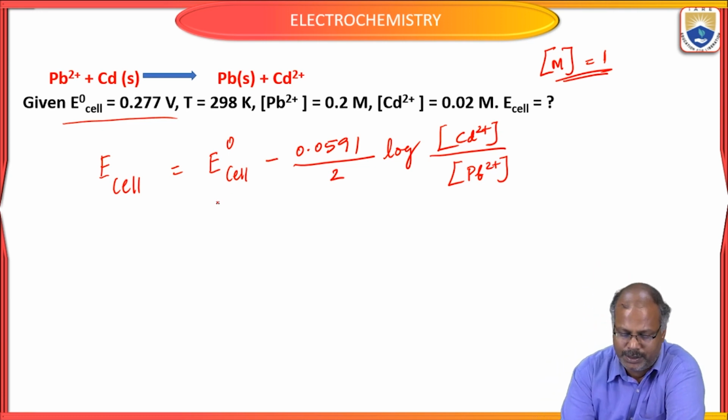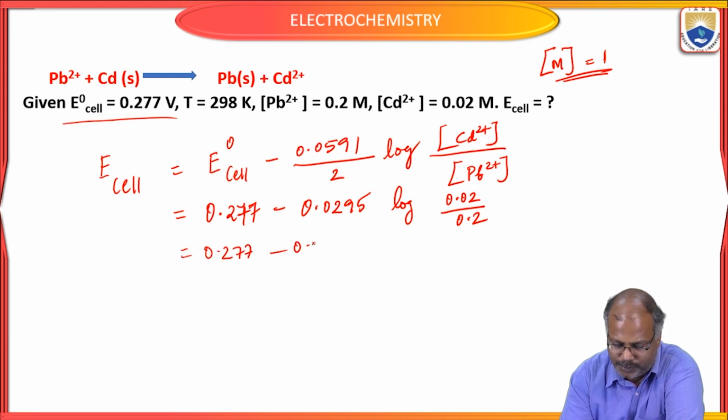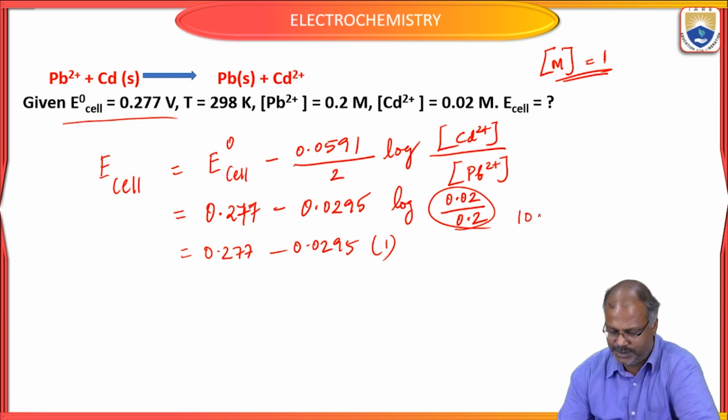So the EMF of the cell is equal to E naught cell, 0.277 minus 0.0295 logarithmic 0.02 divided by 0.2. So again this becomes 0.277 minus 0.0295 into 1, because this is 10. Okay, this becomes 10.